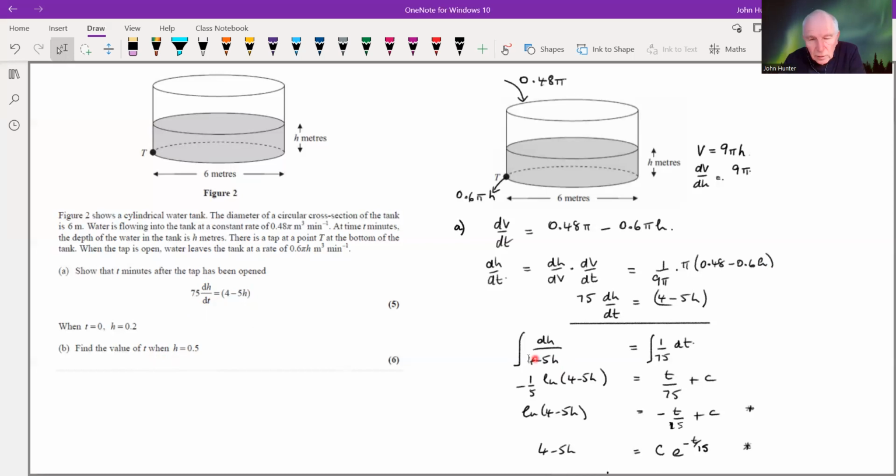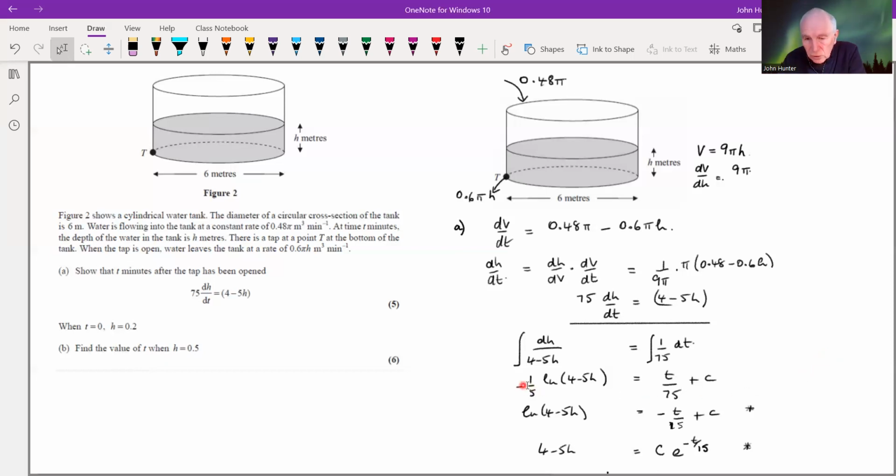So what do we do? Well, we're going through our process here. We're going to separate the h's onto the left-hand side and the t's onto the right side. I've also put the 1 over 75 on the right-hand side, which seemed a bit easier, although it doesn't make any difference to the end result.